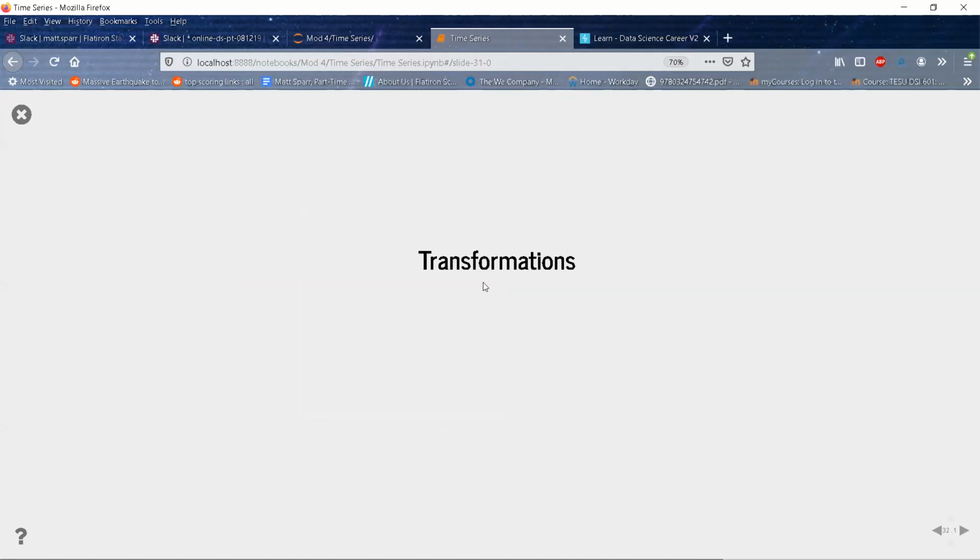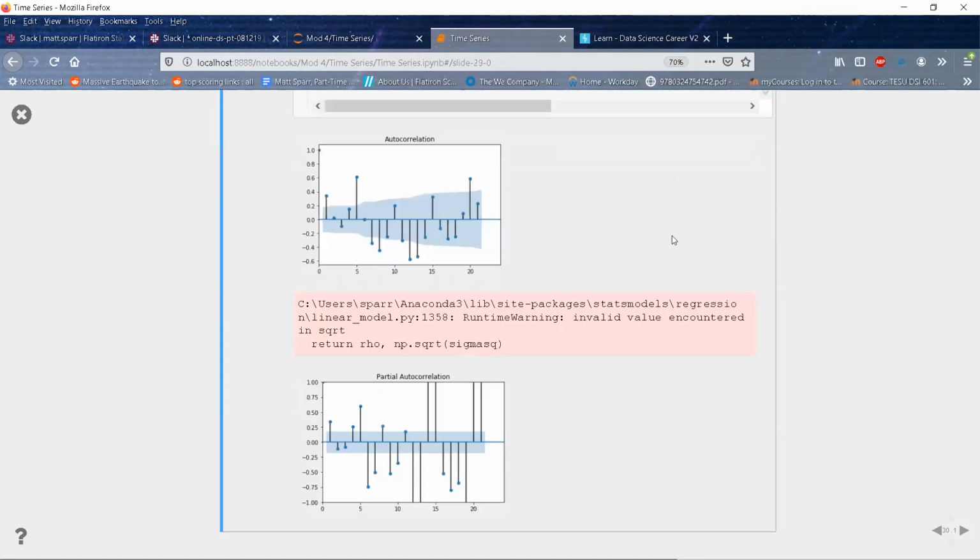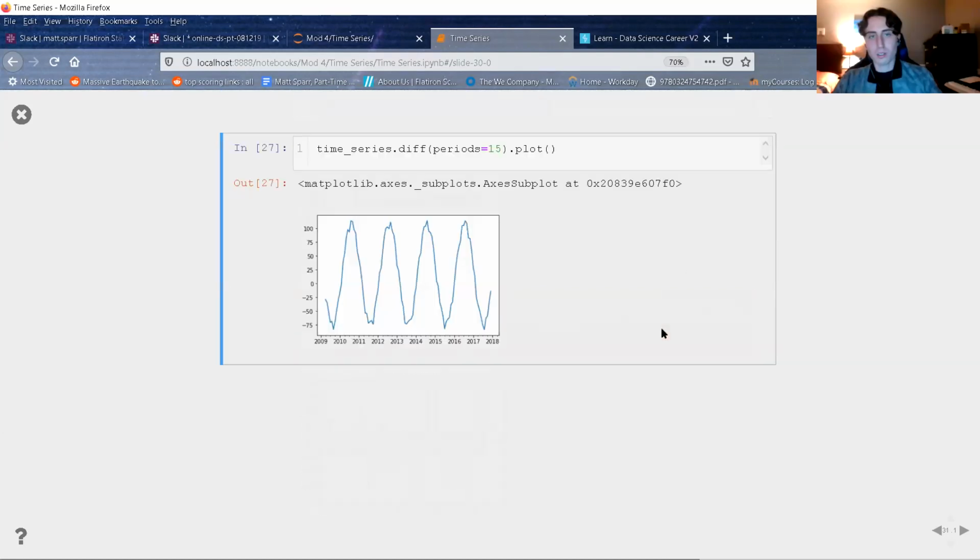Question. Sure. So the ACF and PACF, is there a table to show the numerical values? So we're not just telling by the graph, but maybe there is a number we can see, like a p-value or MSE kind of thing. Yeah, that's a good question. I think there probably is. It's not going to be off of that function because it just plots it.